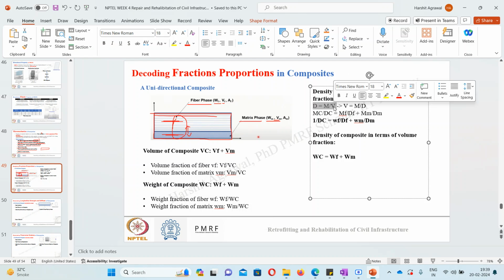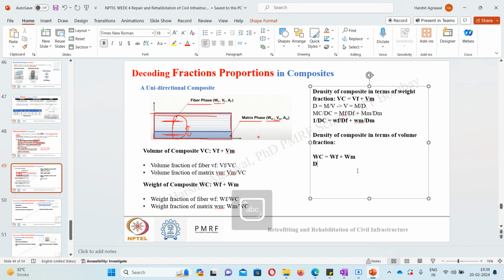Density is equal to mass upon volume. So my mass will be nothing but density into volume. So DC into VC will be equal to density of fiber into volume of fiber plus density of matrix into volume of matrix. Now I will divide both sides by volume of composite.